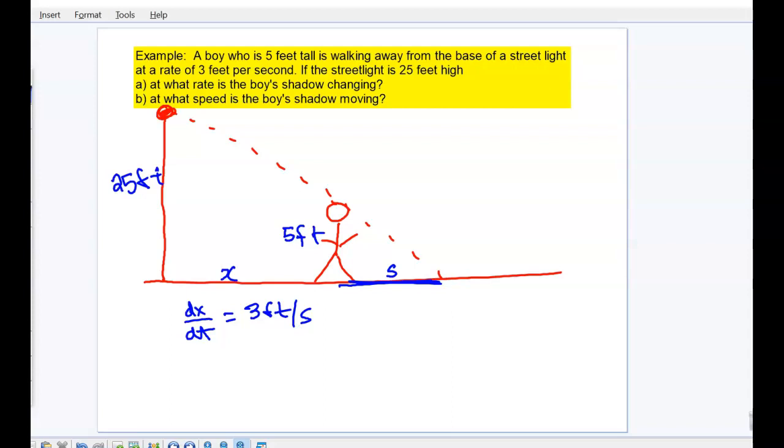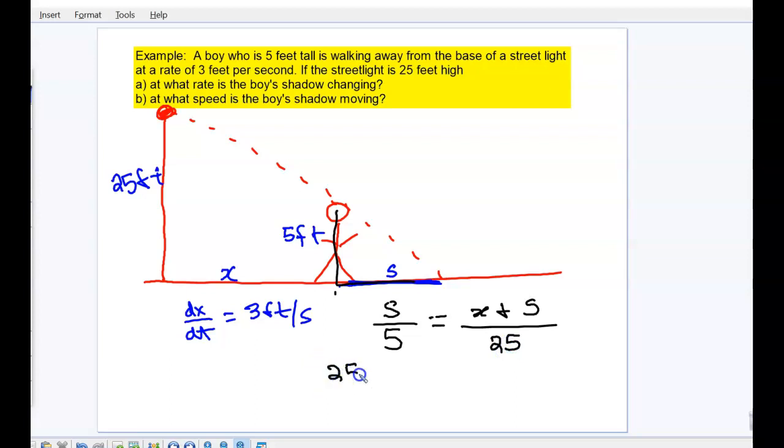I have one small right triangle and my big right triangle. If I take my base s and divide it by the height of the boy, 5, that's equal to the base of the big right triangle, x plus s, all over 25.